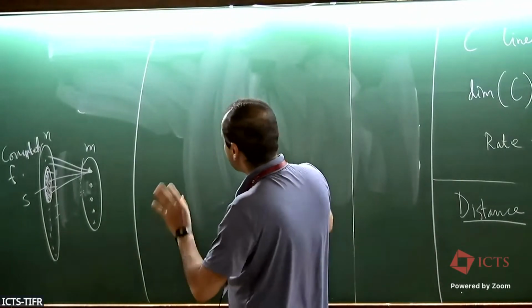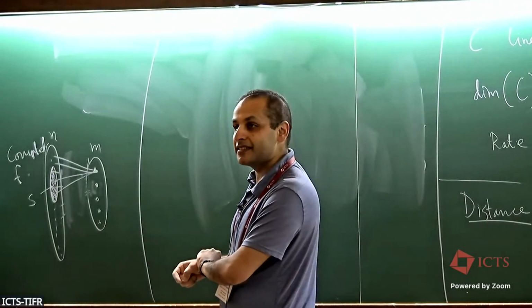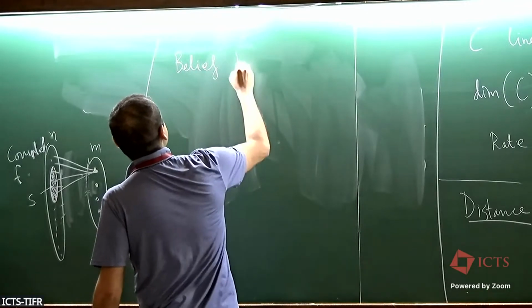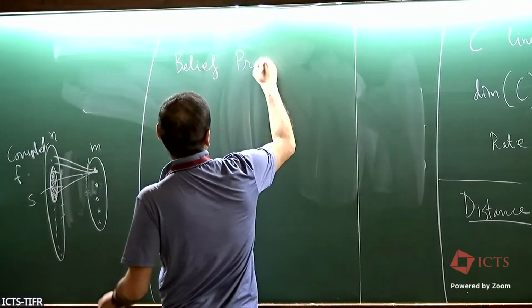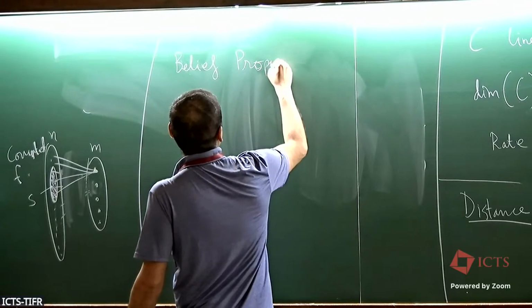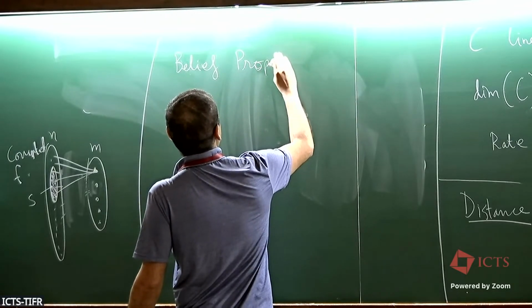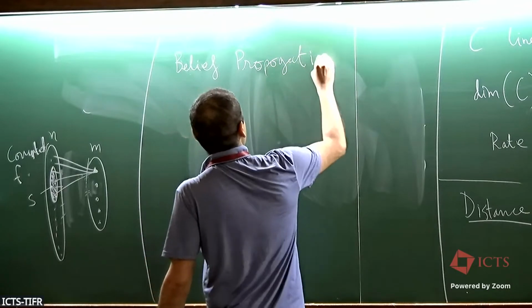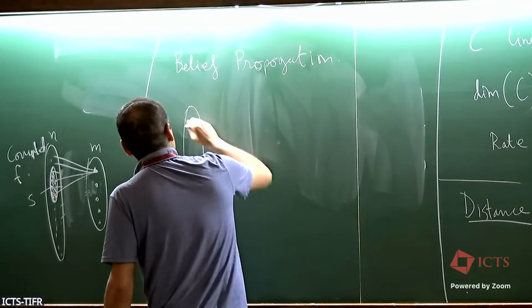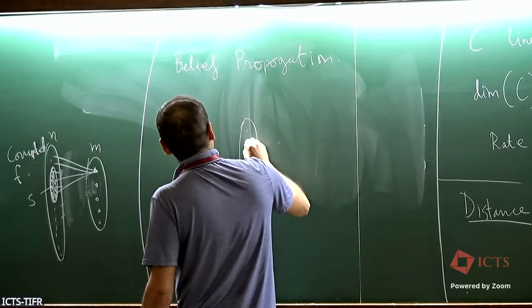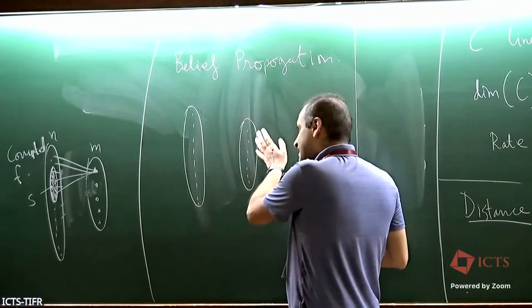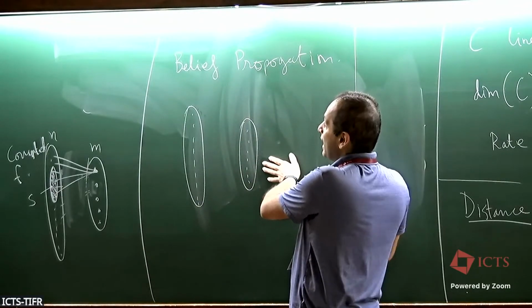Okay. So the algorithm is belief propagation. It's a statistical physics, machine learning kind of word, propagation. All these constraints, they're either happy or unhappy.